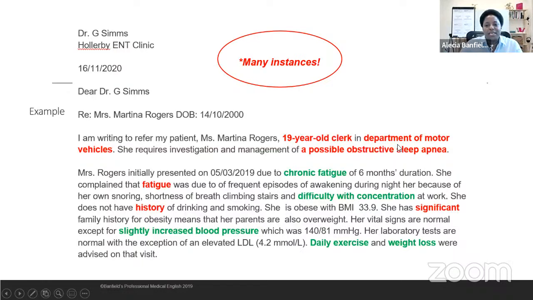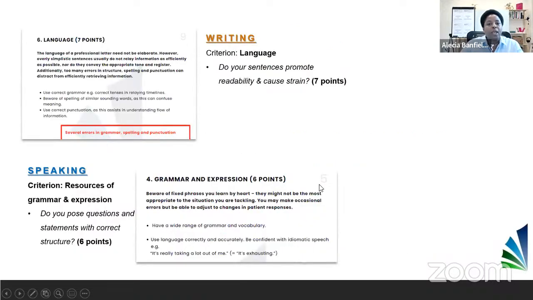What you're seeing in red are the places where either articles or possessive pronouns, that is his and her, are incorrect. So we're going to be looking at this letter in a little bit more detail. Don't worry about it, it's going to disappear. We're going to come back to it.